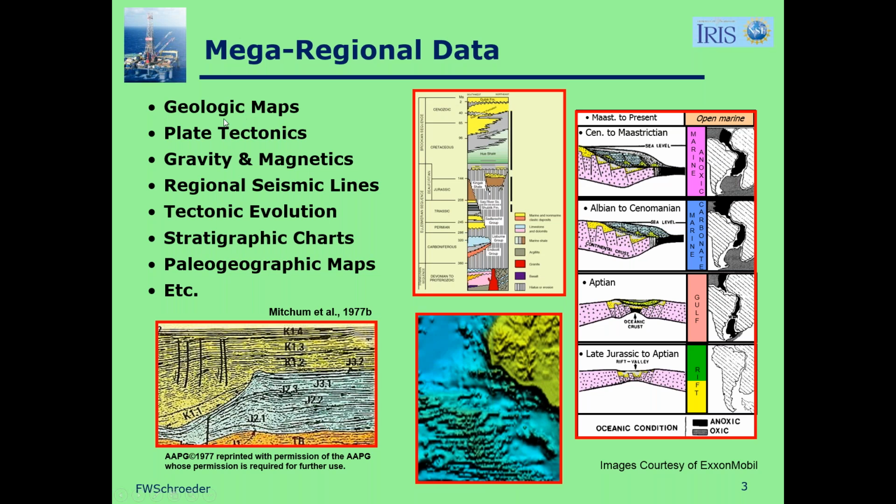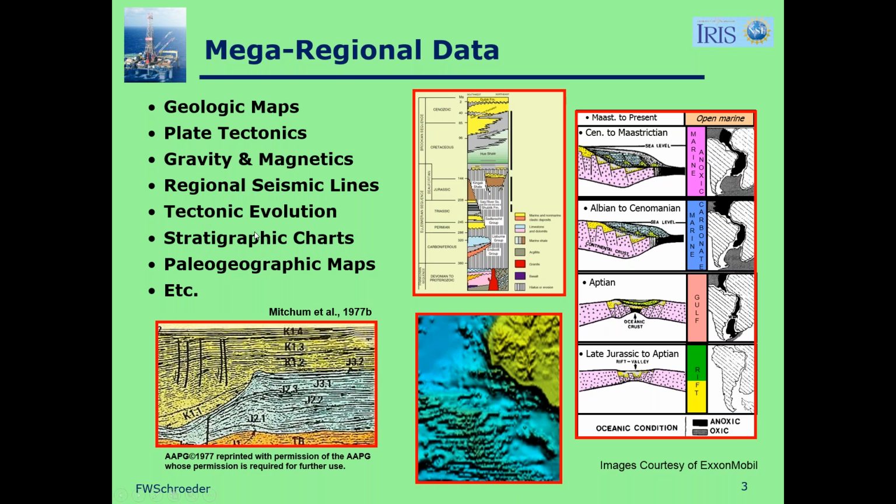So we'll look at geological maps. We'll look at the plate tectonic history of the area. We may have gravity and magnetic data that we can use. We'll typically have regional seismic lines. These days, we may have a denser 2D grid of data. And even in some areas of exploration, they start with 3D seismic.